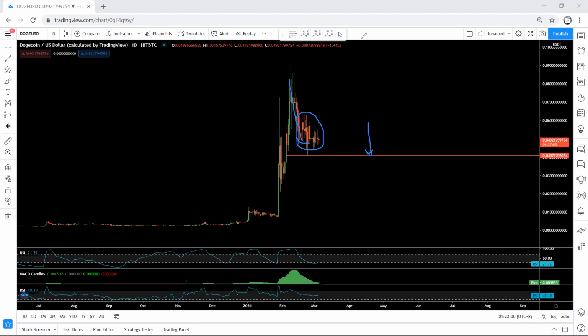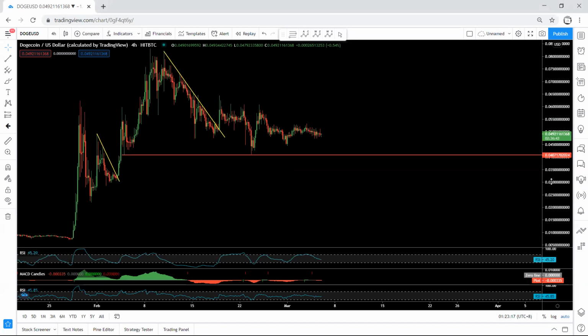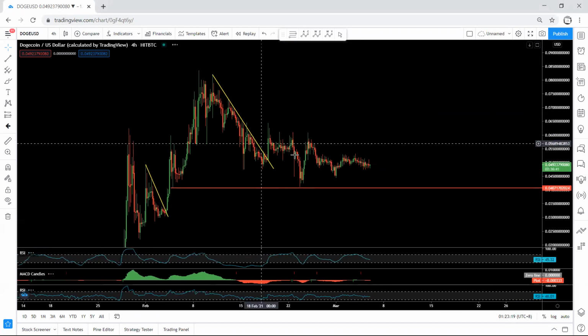Because we mentioned if it breaks out of this, we want to see whether we can get the correction for the breakout or not, and whether this correction gives us a reversal. Okay, and now we want to see how we can trade it based on the lower chart.